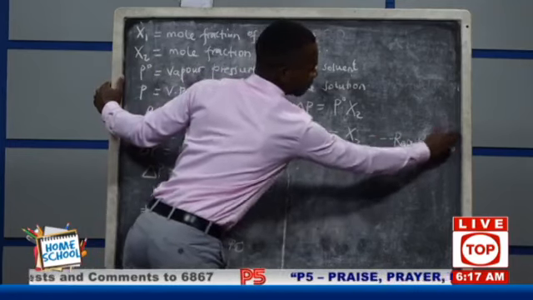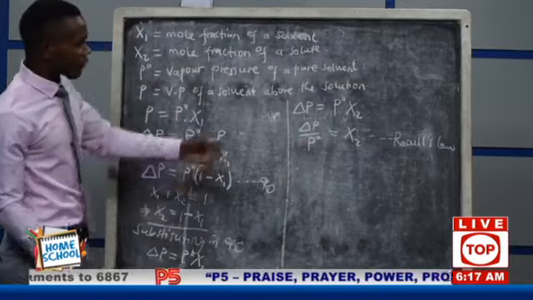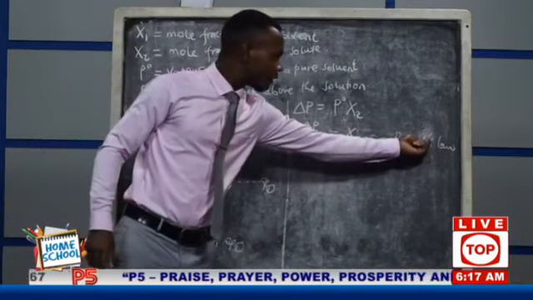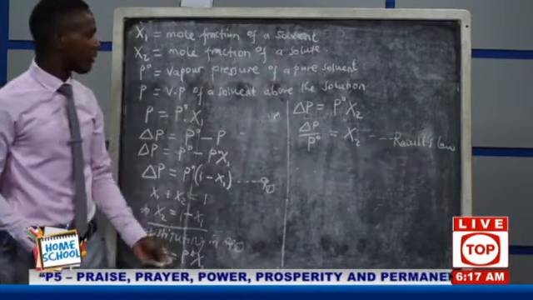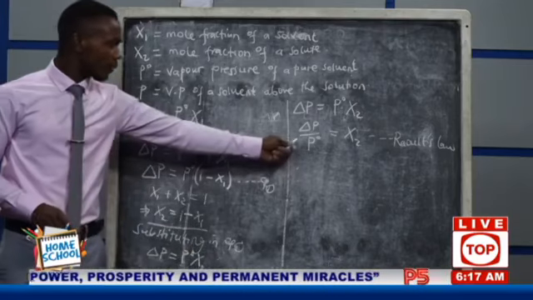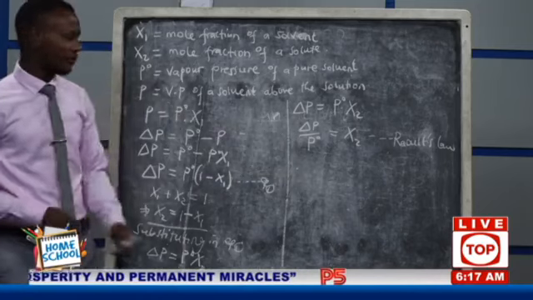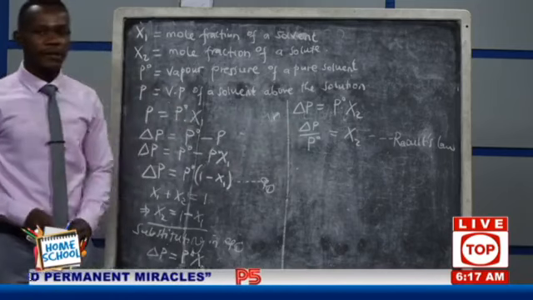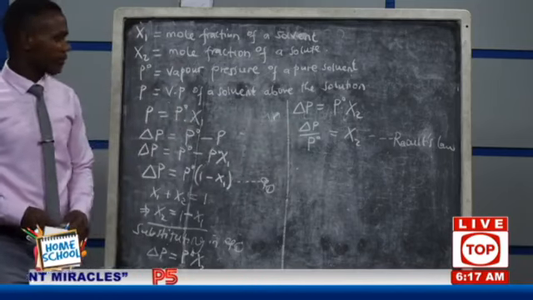And here we have got what is called Raoult's law. If you look at that one, we realize that we have got Raoult's law, because we said Raoult's law is the relative lowering of the vapor pressure. This is the relative change divided by the vapor pressure of the pure solvent.